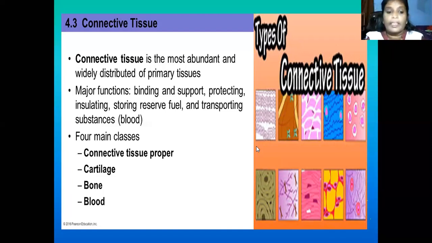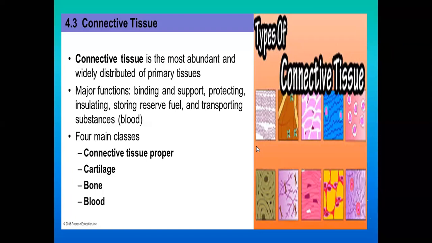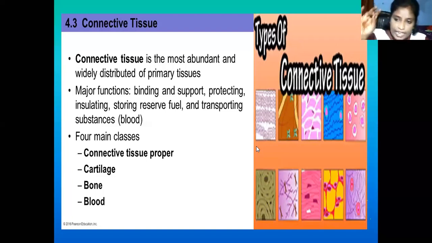Next, connective tissue has 4 types, ma'am: connective tissue proper, cartilage, bone, blood. These are the 4 types of connective tissue. We know every tissue has so many types.